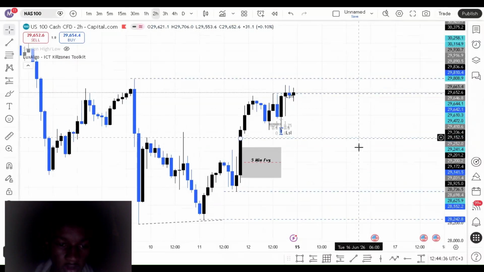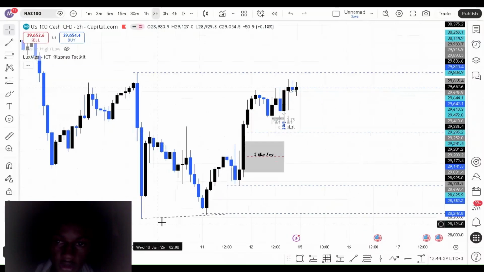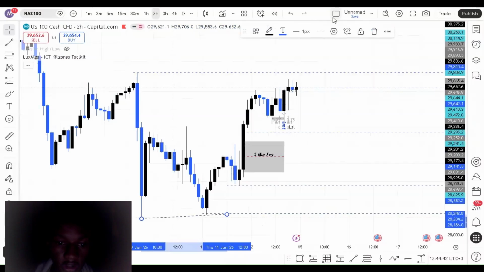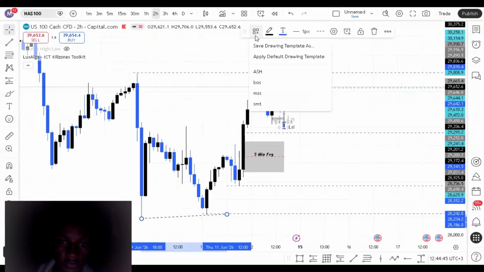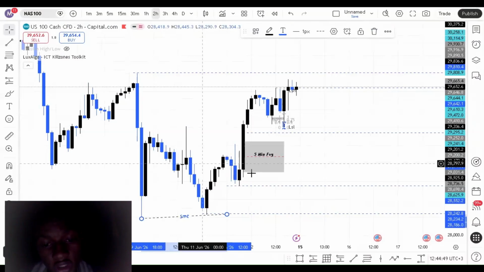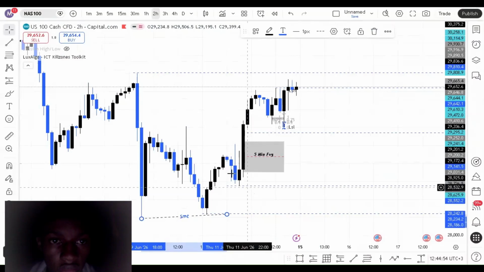We must have also had the external SMT in which it actually had a bias being bullish for the day. Continued with the lower time frame.